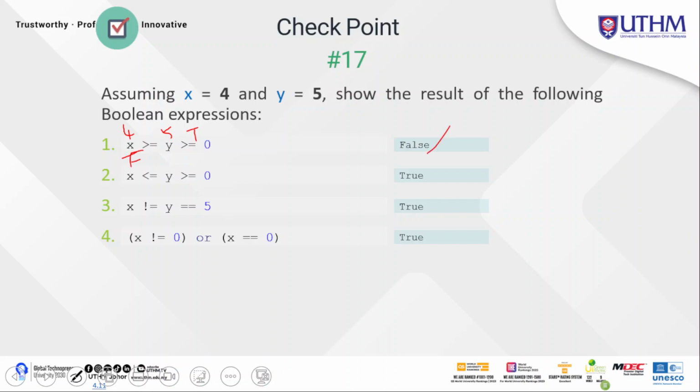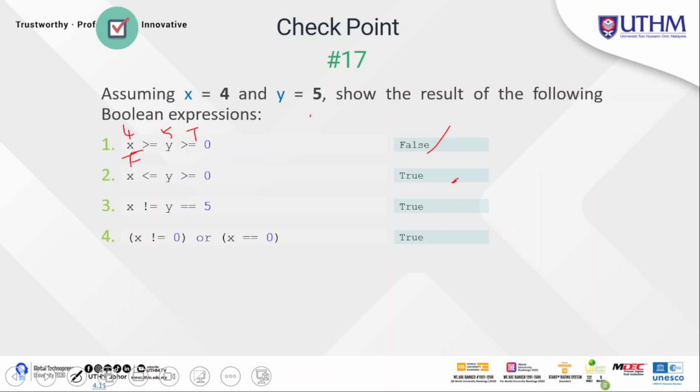The next case: 5 is equal or greater than 4, so it's true. And y is greater or equal to 0. Y is 5, also true. So to get true, x not equal to y and y is equal to 5.